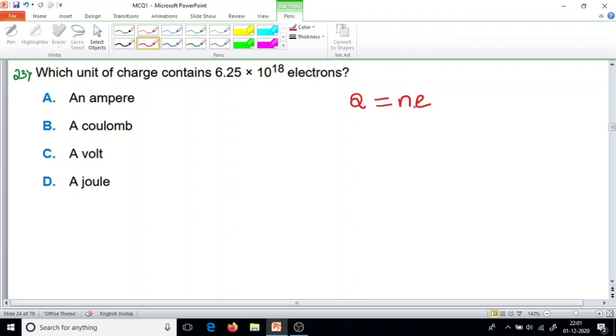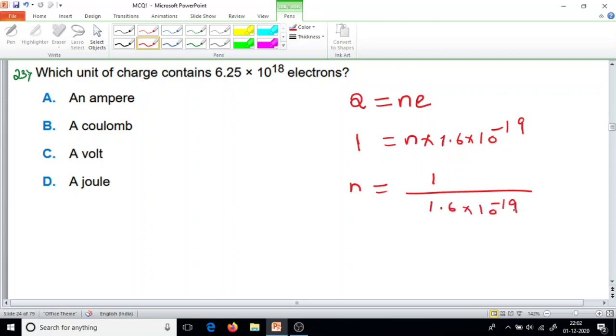Assume that our charge is 1 coulomb. Which unit of charge contains 6.25 into 10 to the power 18 electrons? Now N we have to find. Q equals N into E, from this equation. The electron charge is 1.6 into 10 to the power minus 19. So N equals 1 divided by 1.6 into 10 to the power minus 19.